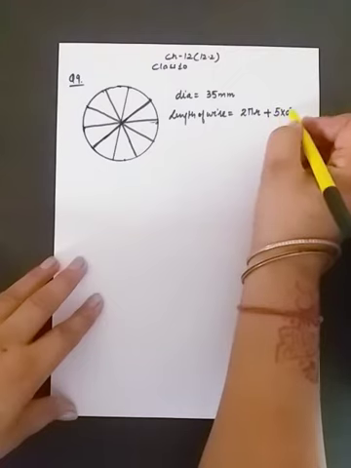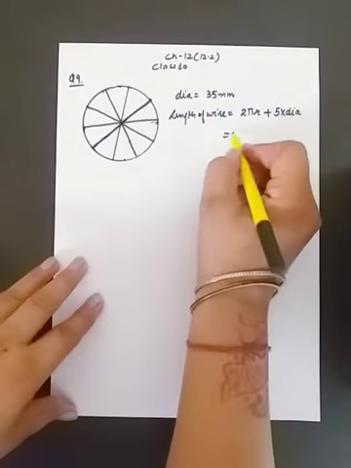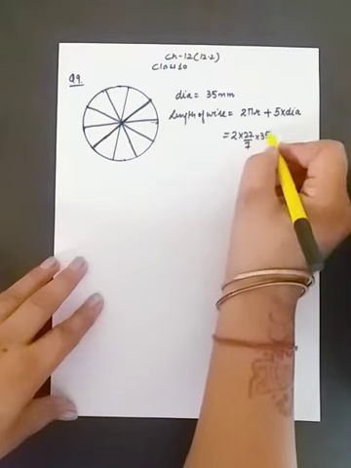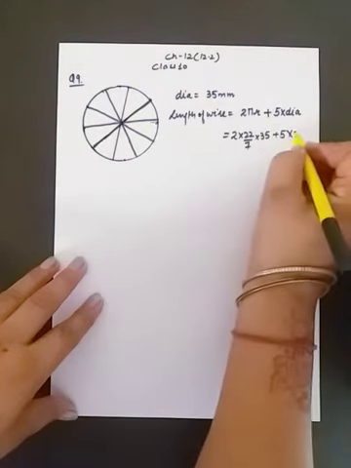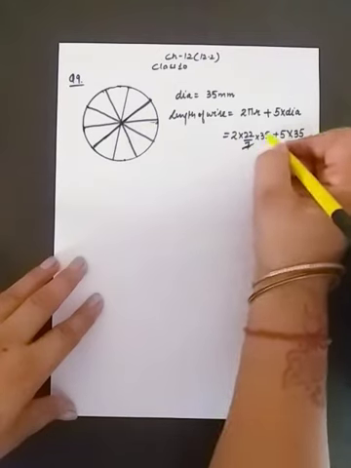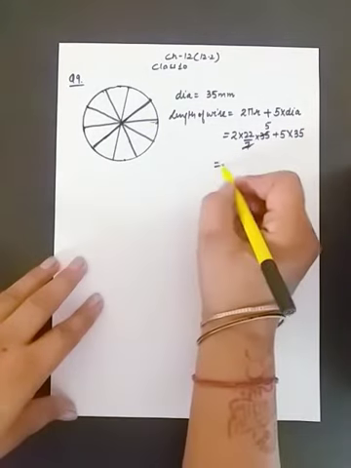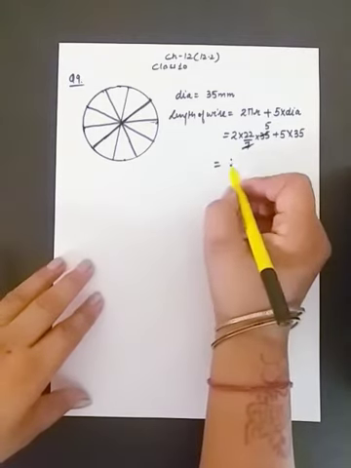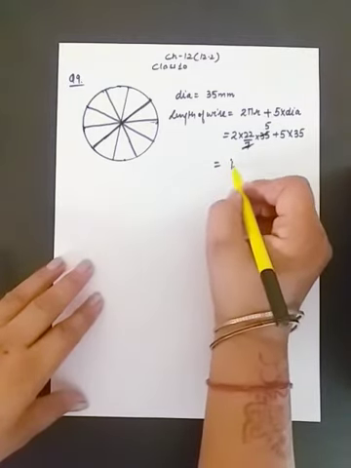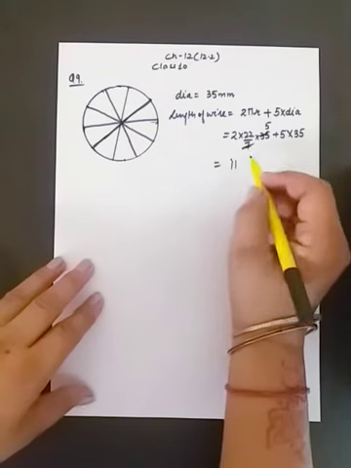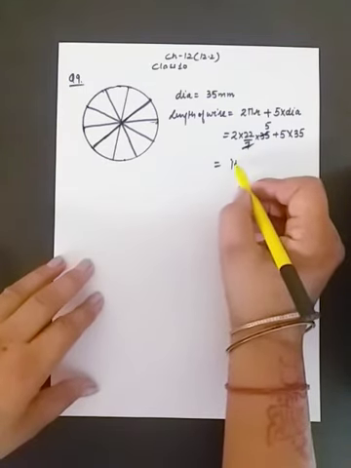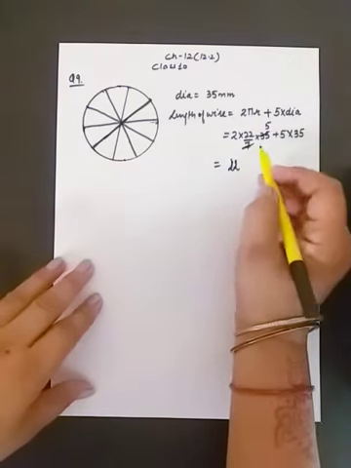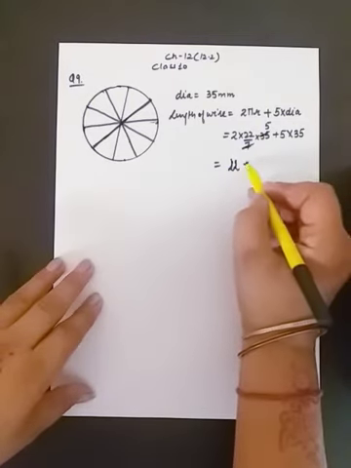So 5 multiplied by diameter, and we will get 2 into 22 upon 7 into 35 plus 5 into 35.